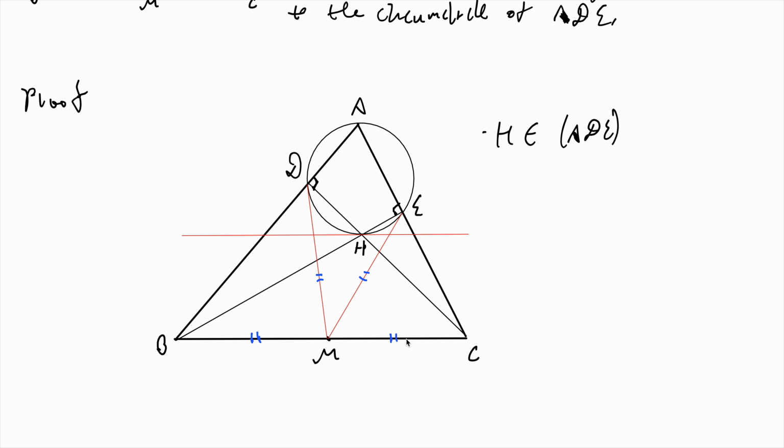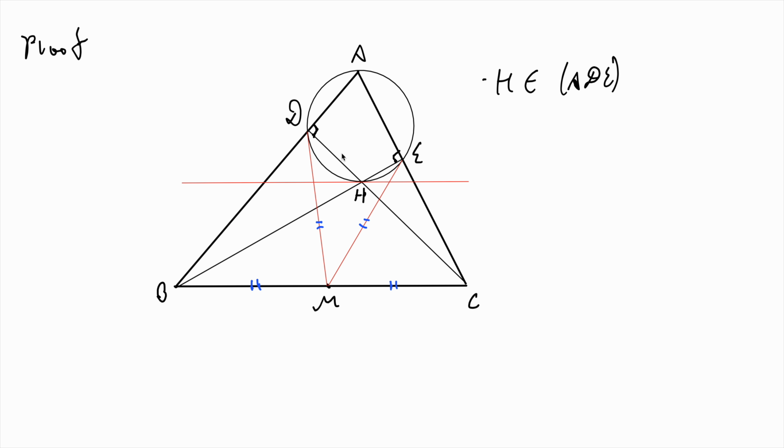I think it's quite obvious why they're the same length. Just draw a circumcircle. We're going to use this property right here. And our question is, how should we use it? How can we use this fact?